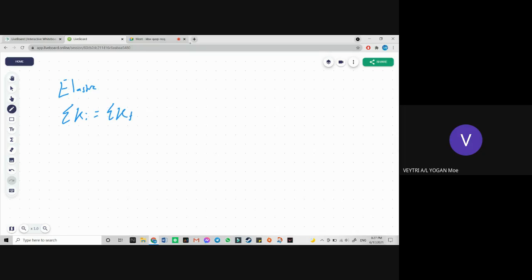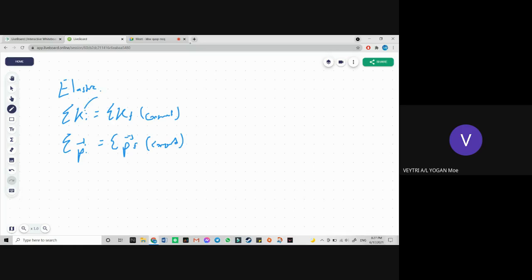Okay? Maksud dia, total kinetic energy is conserved. Okay? Next, elastic juga tadi kita cakap initial momentum dengan final momentum adalah sama. Maksud dia, conserve juga. Okay, remember very carefully.